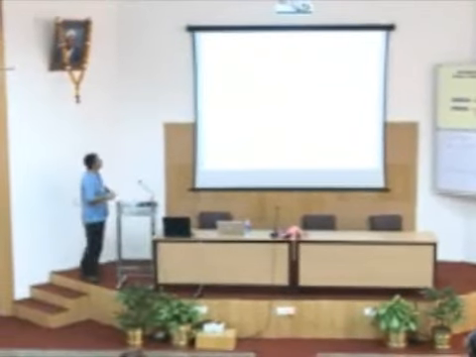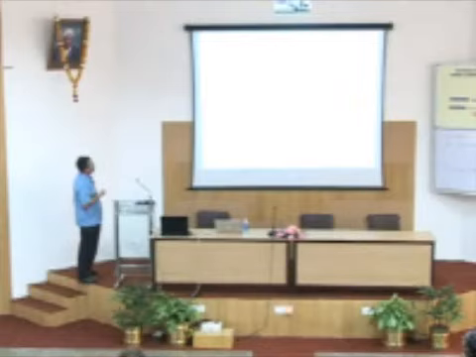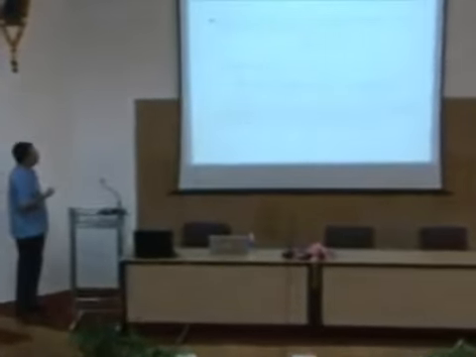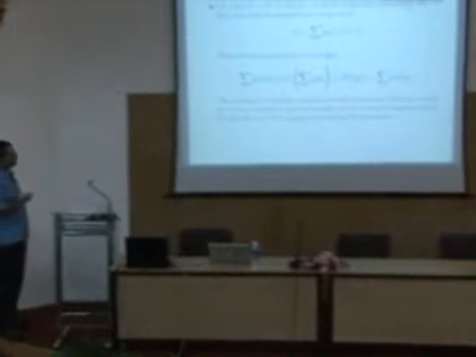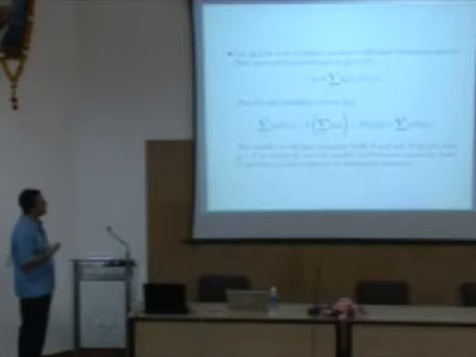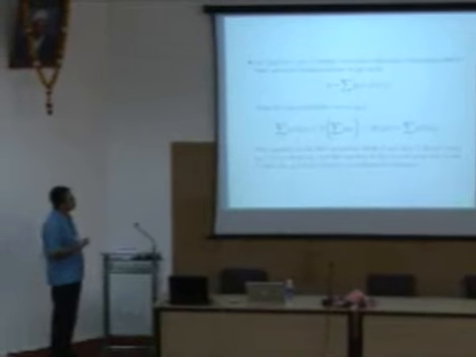Another property: let rho sub i be a set of density matrices with the same dimensions, and let their spectral decompositions be given by this. The spectral decomposition, as I mentioned before, means that it is positive semi-definite, so it is a normal matrix, so it has a spectral decomposition.